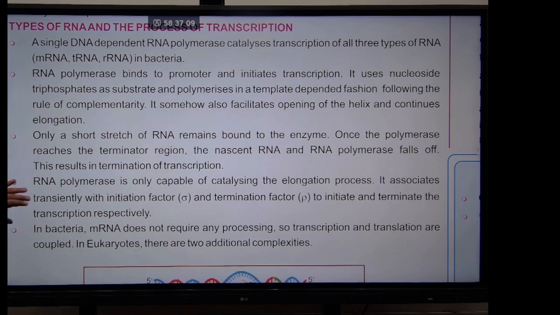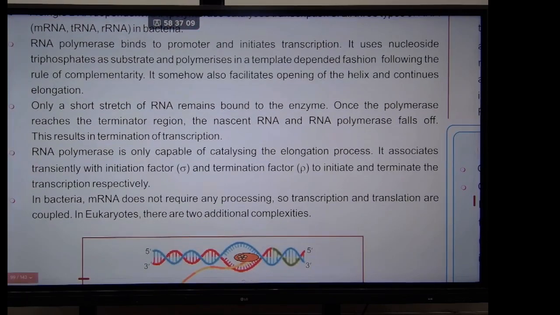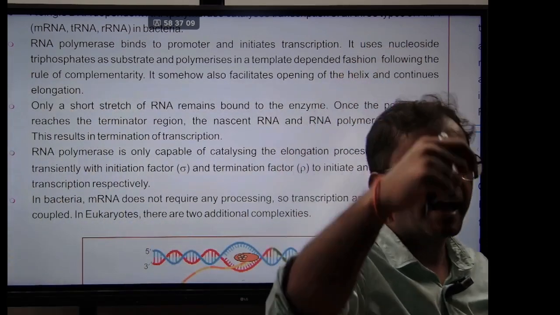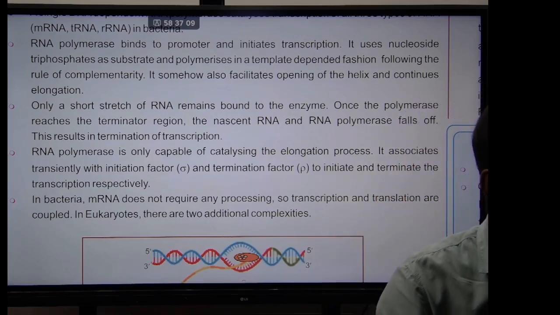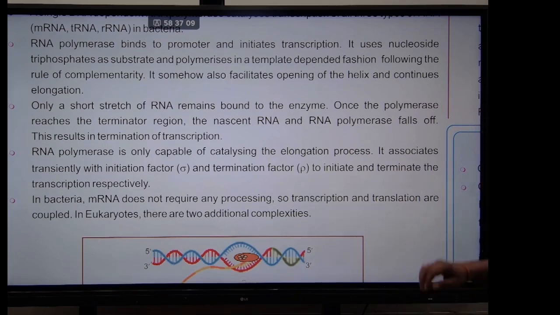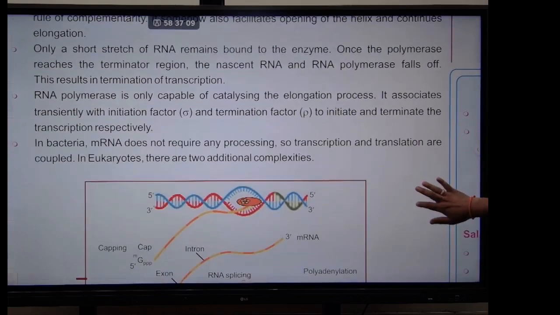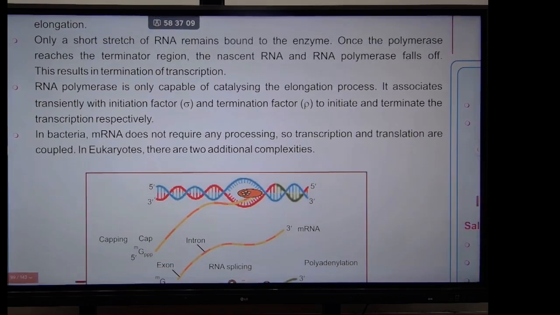Okay, now, these substrates are polymerized by the enzyme in a template-dependent fashion following the rules of complementarity. According to the sequence in the template, they will add the nucleotides to the growing chain of RNA by using the nucleoside triphosphates. Only a short stretch of RNA remains bound to the enzyme. Once the polymerase reaches the terminator region, the nascent RNA falls off.